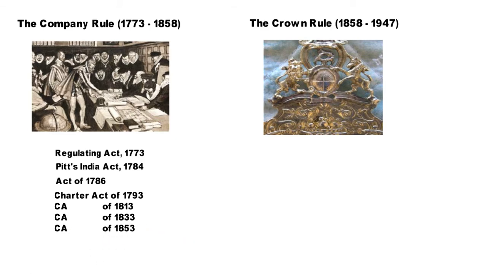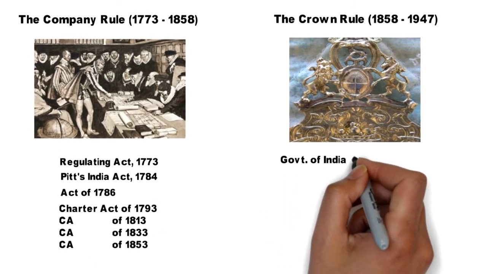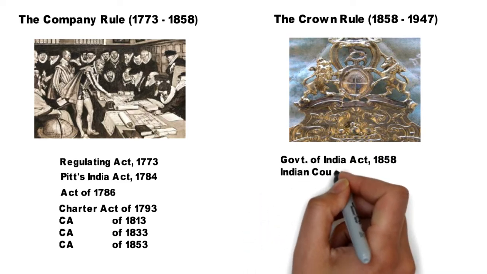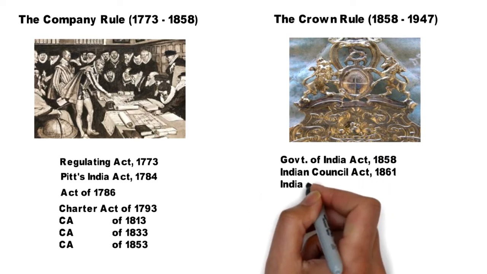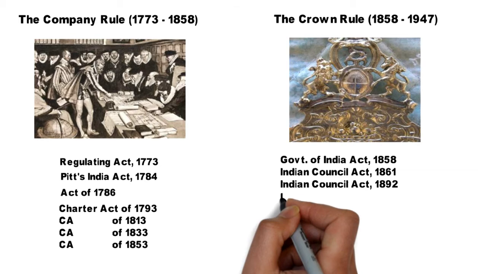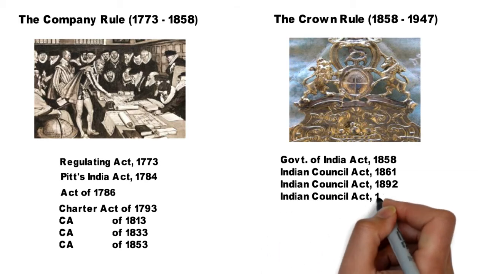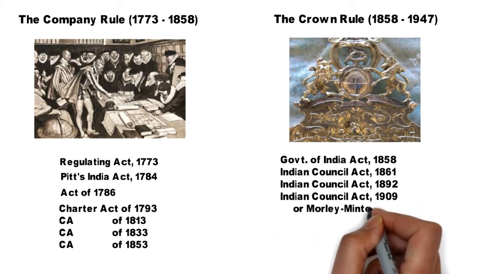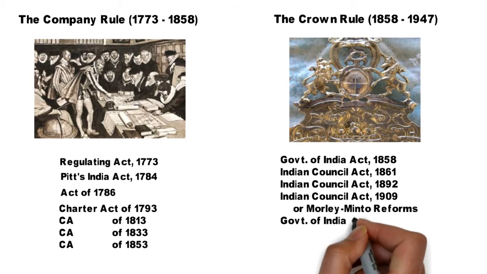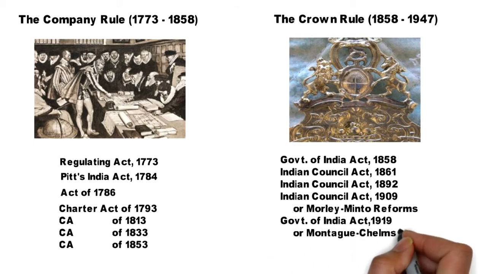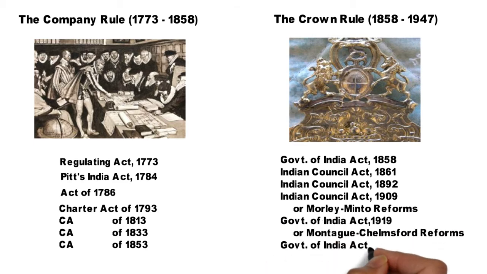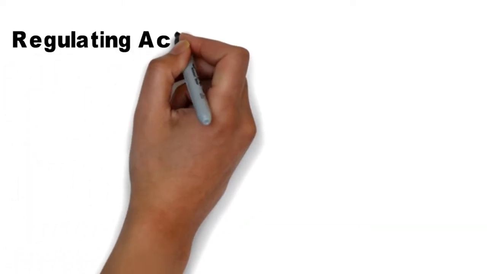Under the Crown Rule, the important acts were the Government of India Act 1858, Indian Councils Act 1861, Indian Councils Act 1892, Indian Councils Act 1909 or Morley-Minto reforms, Government of India Act 1919 or Montagu-Chelmsford reforms, and Government of India Act of 1935.